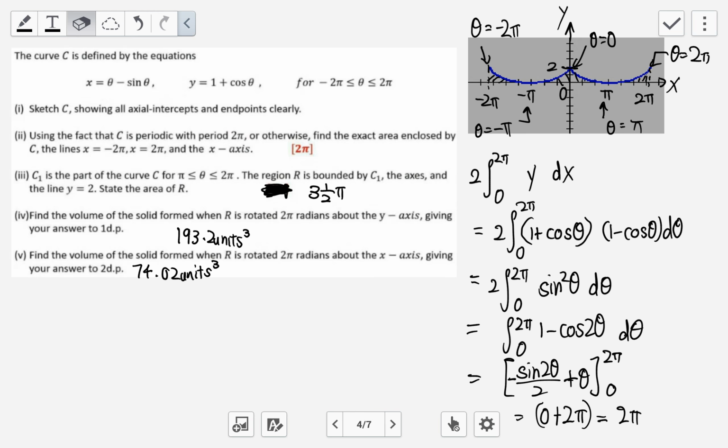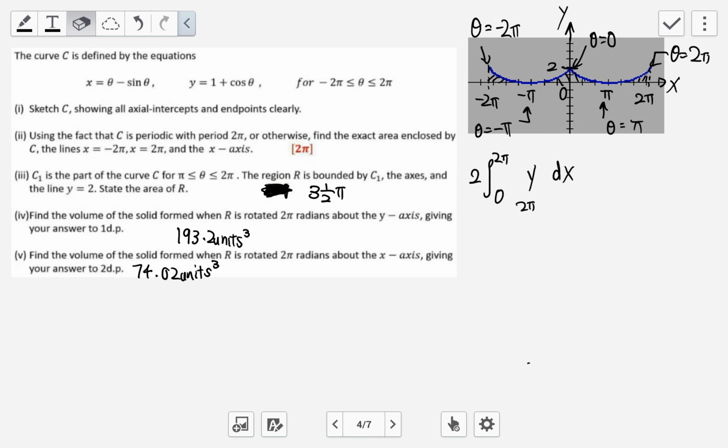So now that I have done this, I want to go to the third part of this question. For the third part of this question, I don't want this area anymore.